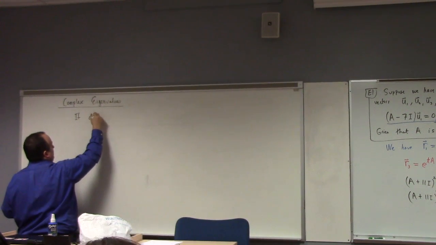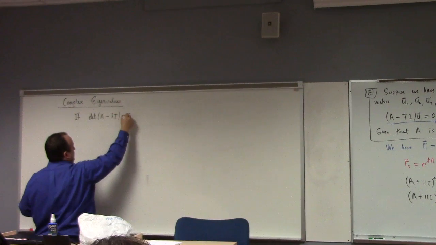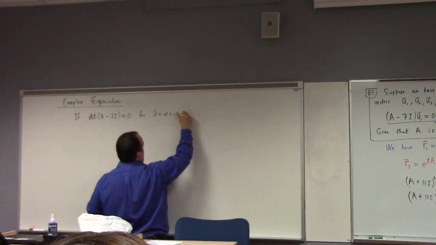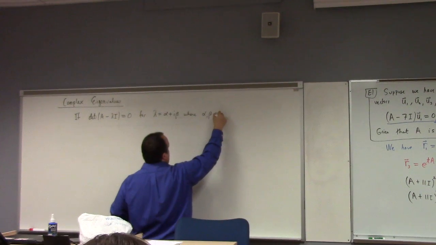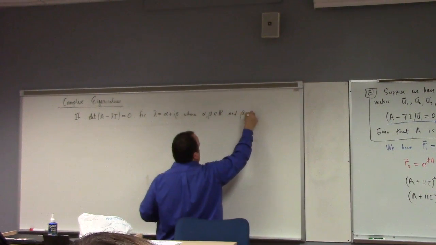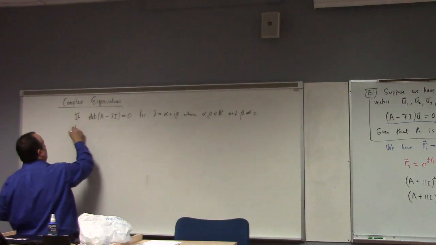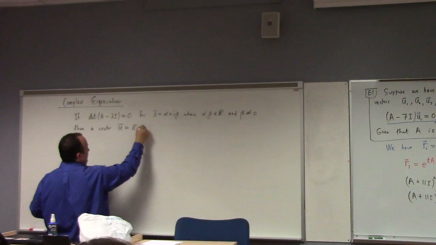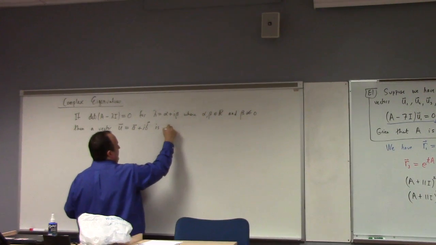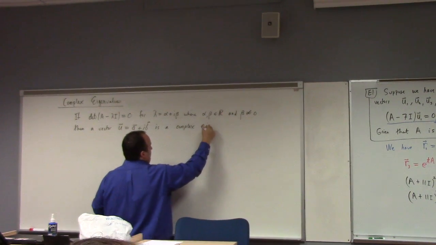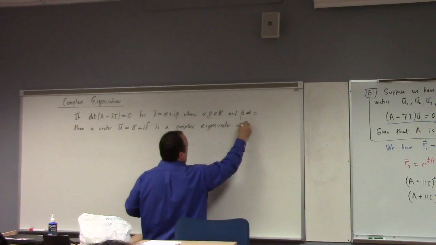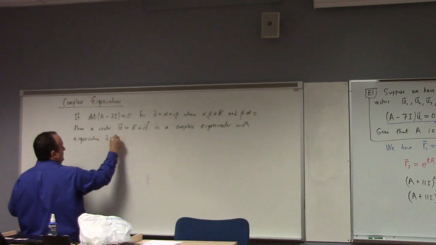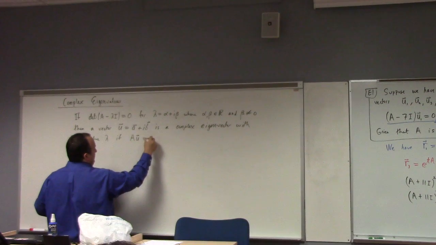If we have the determinant of A minus lambda I equal to 0 for lambda equals alpha plus i beta, where alpha and beta are real and beta is not equal to 0, then a vector u, which we usually write as a plus ib in here, is a complex eigenvector with eigenvalue lambda if Au is equal to lambda u.